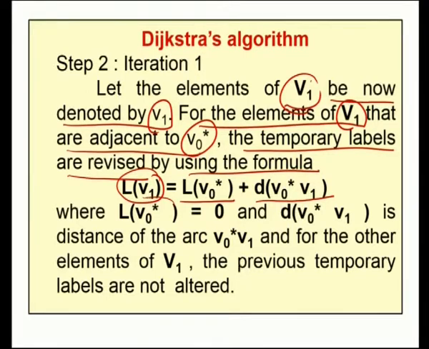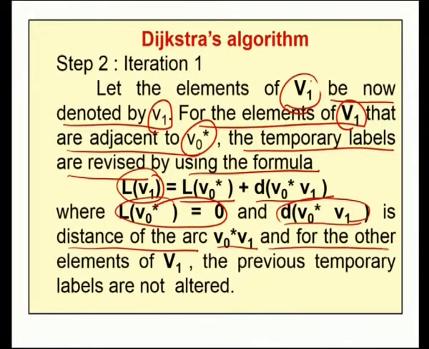Here L of V0 star equals 0, and D of V0 star V1 is the distance from V0 star to V1. So, D of V0 star V1 is the distance of the arc V0 star V1, that means the distance between the node V0 star to V1. And for the other elements of V1, the previous temporary labels are not altered.